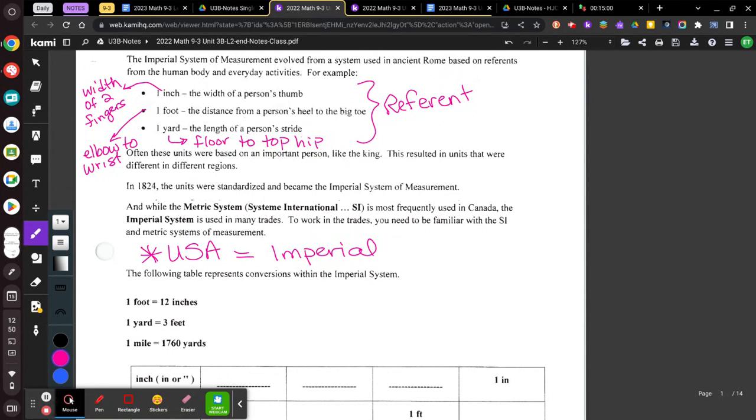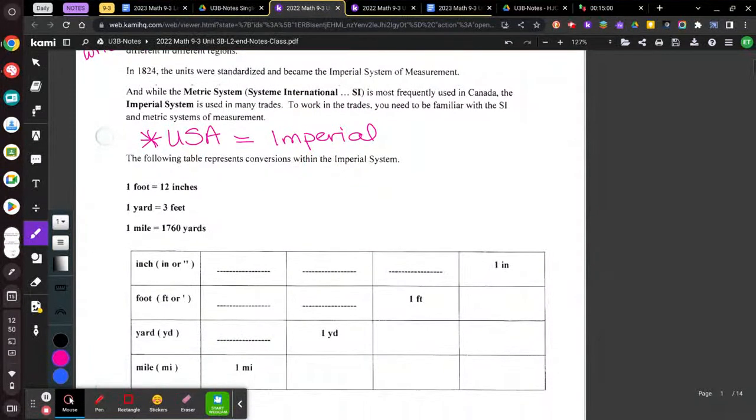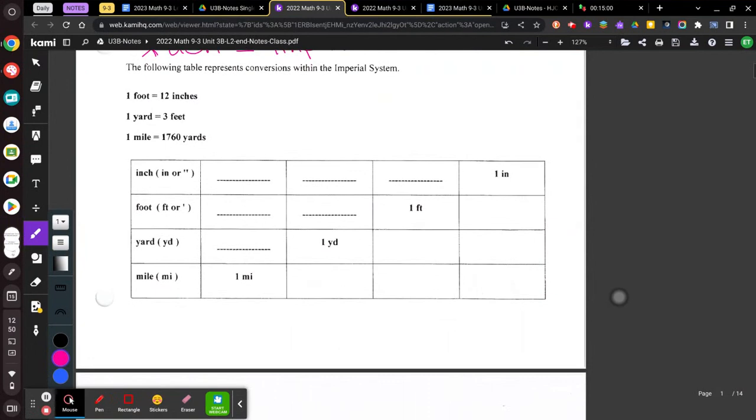Okay, so the imperial is the USA. They typically use it, but so do the trades. So when we're measuring things, we often measure them in feet, inches, and yards. So yards is more for football. Okay, smaller things.